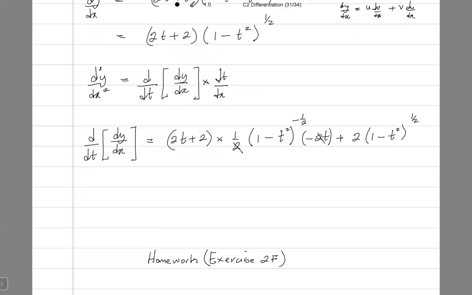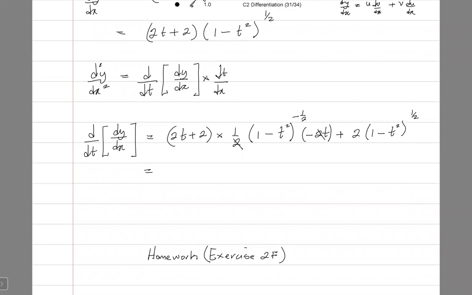And what would be left is, at the top, minus t into 2t plus 2, and down by the bottom, 1 minus t squared raised to the 1/2 power, plus 2 times 1 minus t squared raised to the 1/2 power.